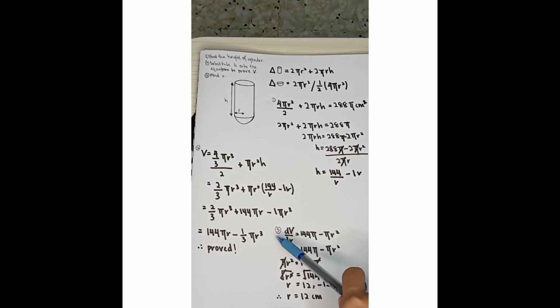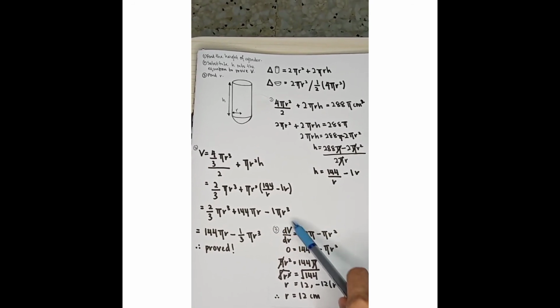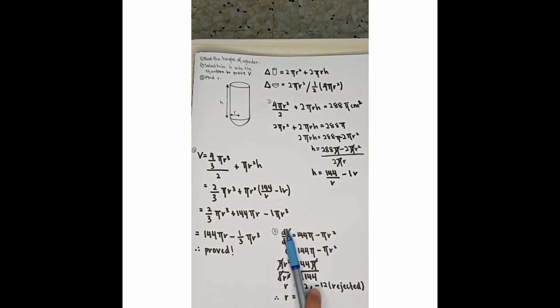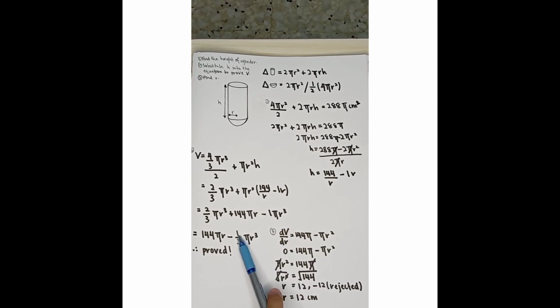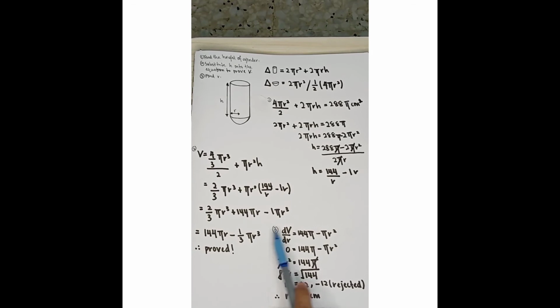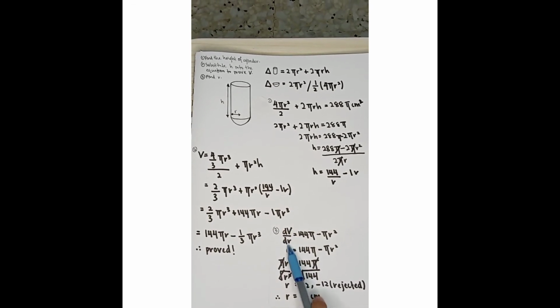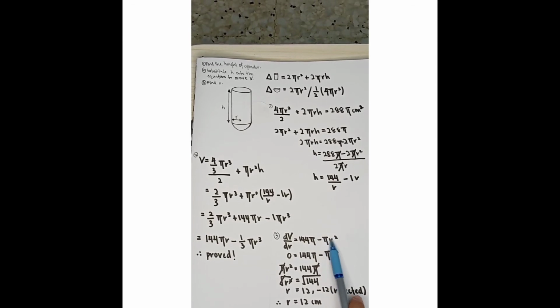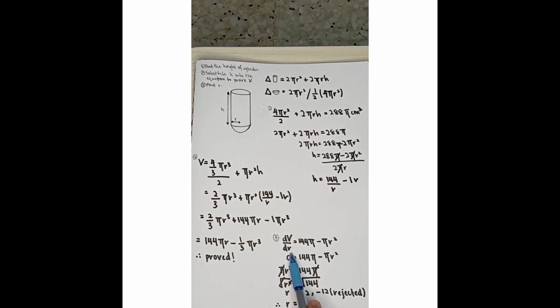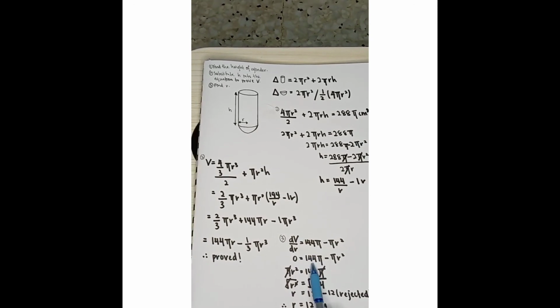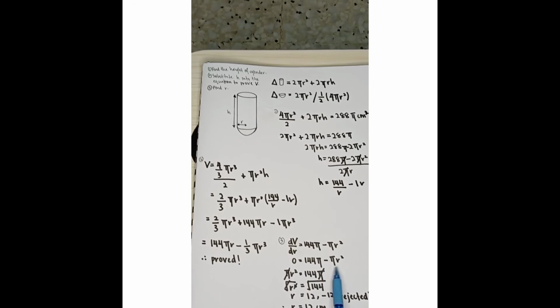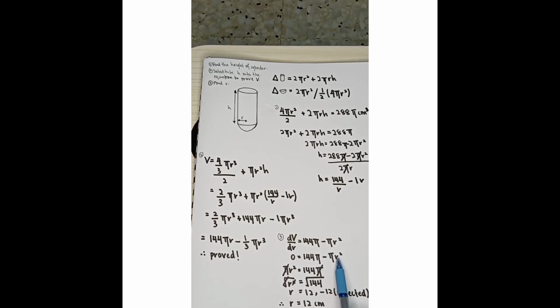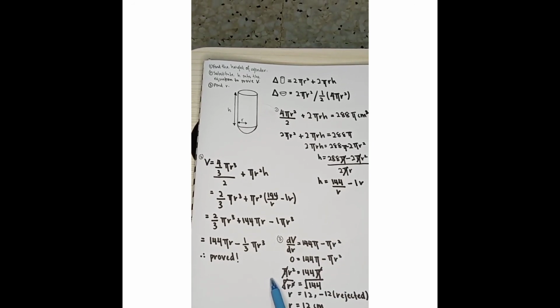So lastly, we need to find the value of r. So we will differentiate the volume here. So dV over dr equal to 144 pi minus pi r squared. So this will be 0, equal to 144 pi minus pi r squared. The term with variable r will be brought to the left side.